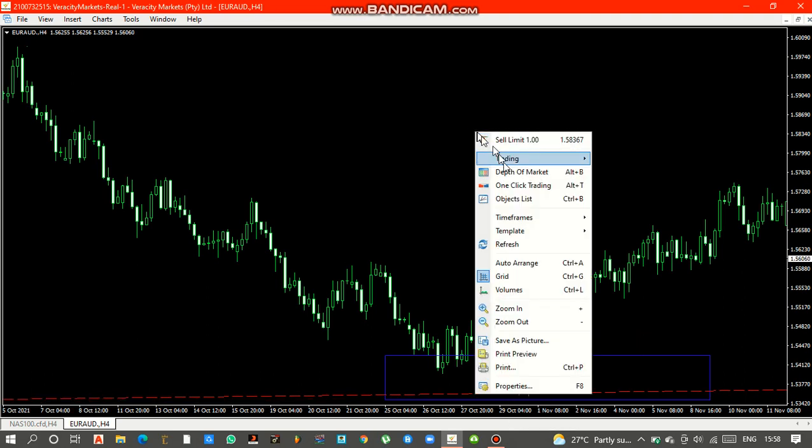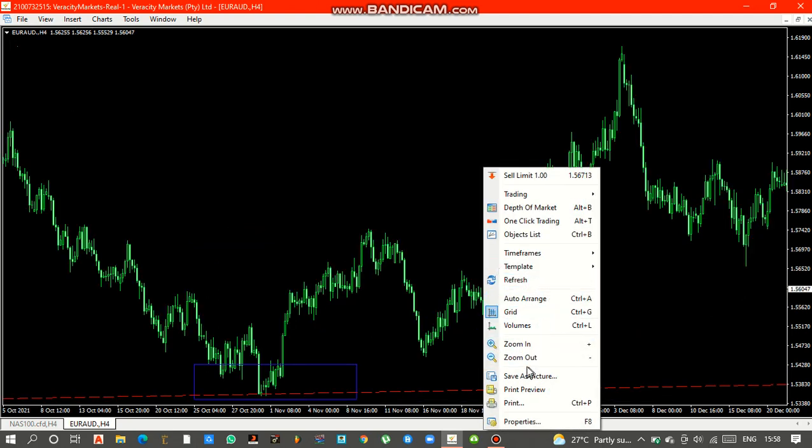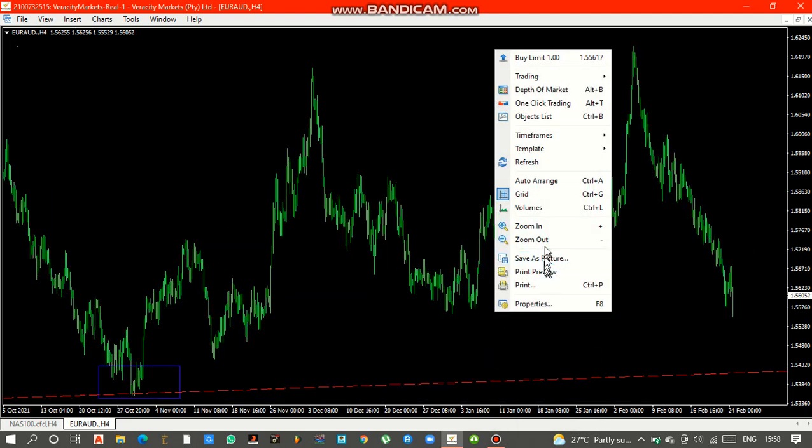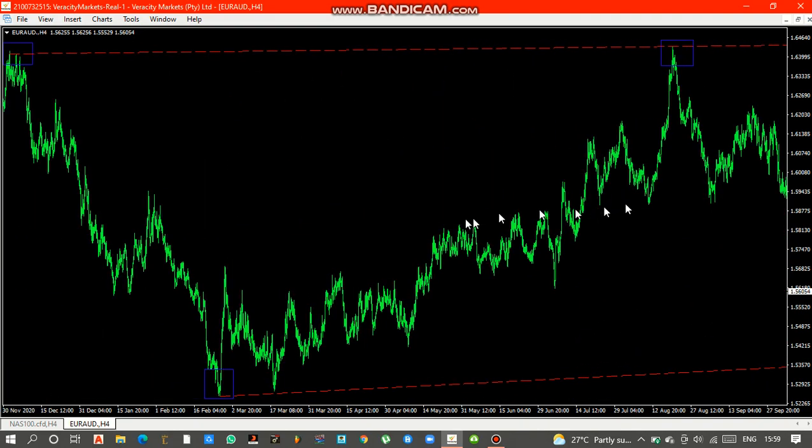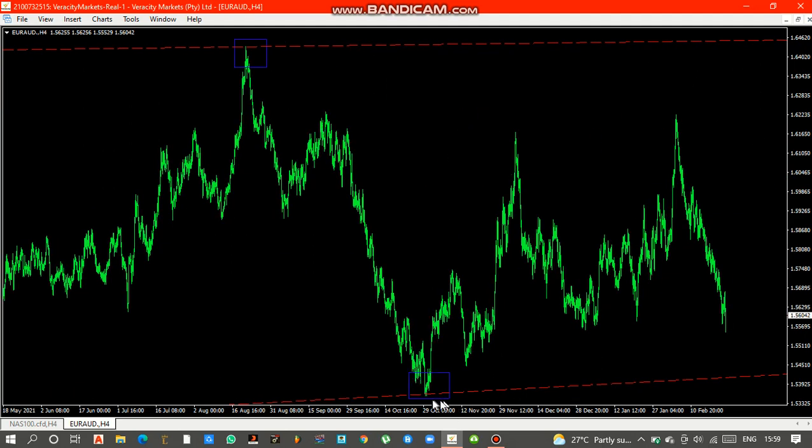me on where the market is going next. So then when I'm done, as you can see here from the analysis, the market moved from the resistance trend line to the support, and then it went back to the resistance trend line and then to the support.